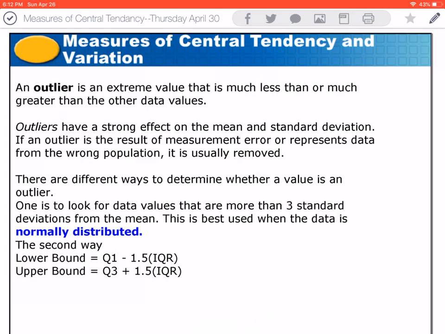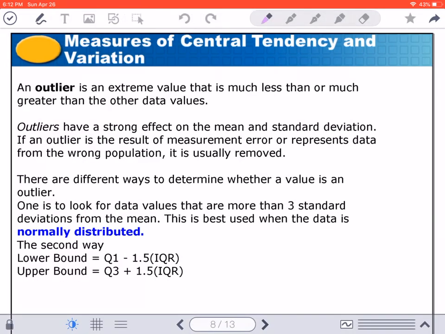To do that, we take our Q1 value and subtract off 1.5 times our interquartile range. To figure out the absolute highest number that we are willing to consider in our data values, we take Q3 plus 1.5, once again, times our interquartile range.